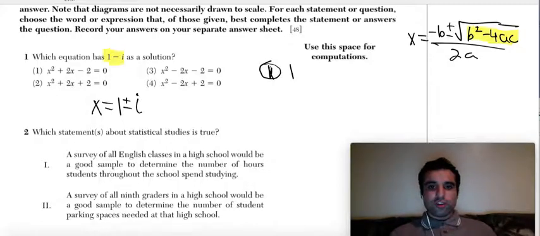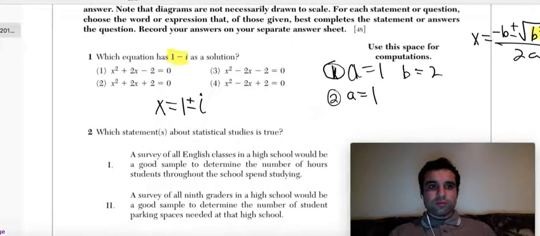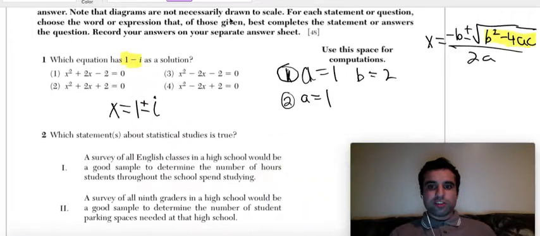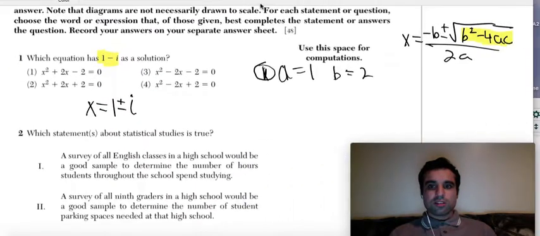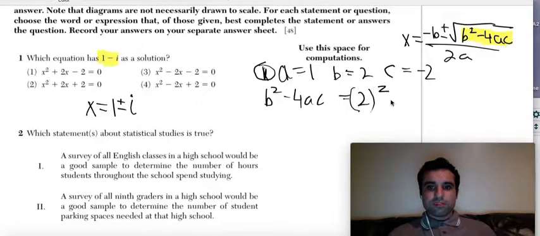For choice 1, a equals 1. Actually, for all of them, a equals 1. So let's start. b equals 2, and c equals negative 2. We'll do them one at a time, calculating the discriminant first. So b squared minus 4ac becomes 2 squared minus 4 times 1 times negative 2.